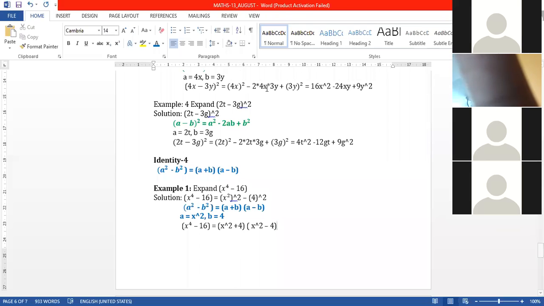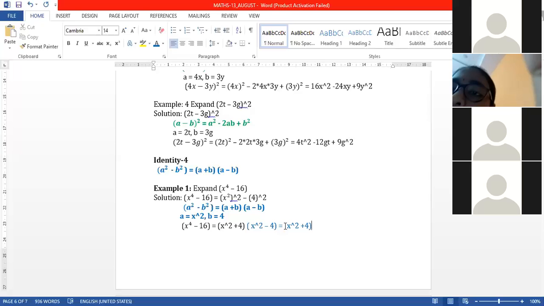Again, in the first bracket we can't apply the fourth identity. In the second bracket, again I can apply the fourth identity. x square minus 4 is there. I can write here (x) whole square and (2) whole square. The first bracket is x square plus 4, we can't apply an identity here.